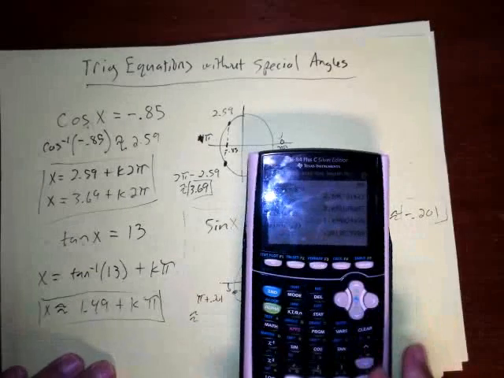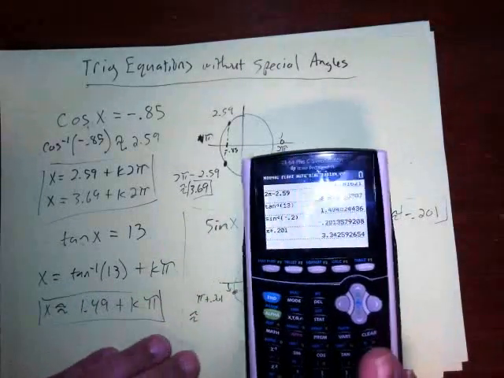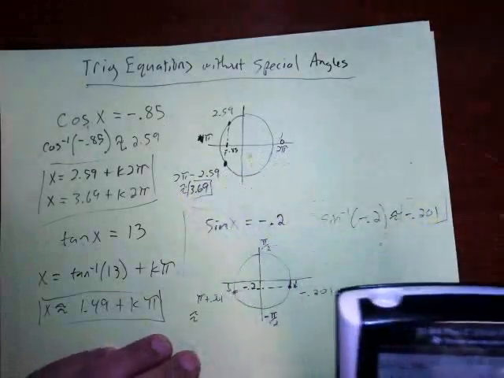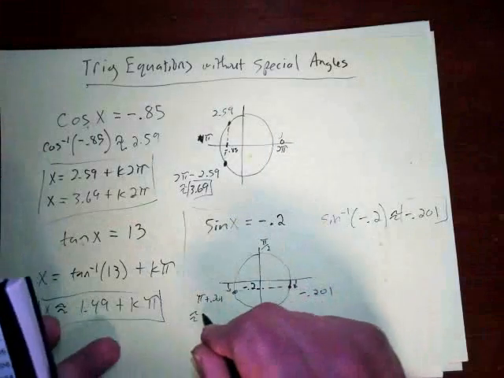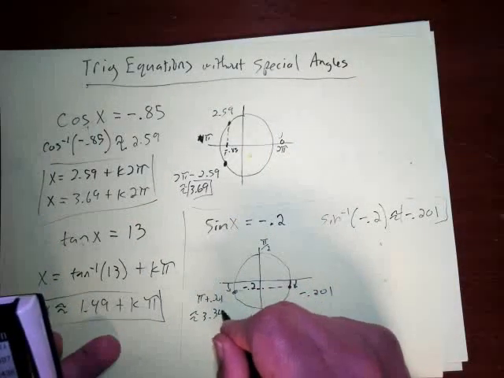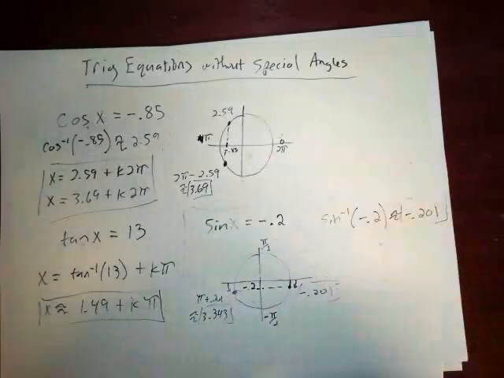So I'm going to take pi and add 0.201, and when I do that, I get 3.343, if I round to 3 decimal places. Okay, so these are 2 solutions.